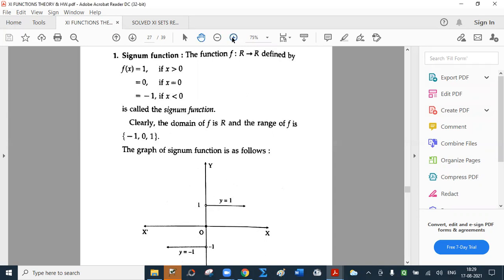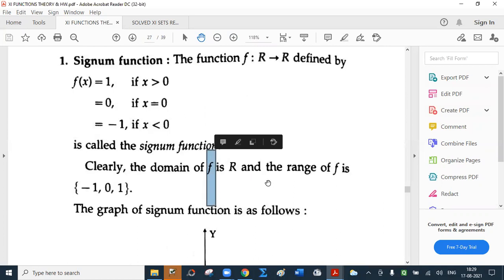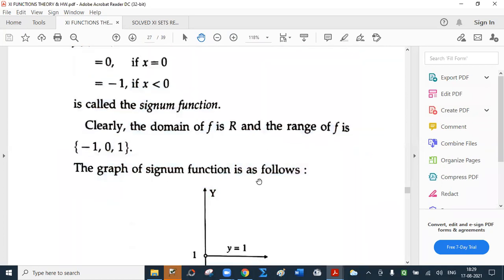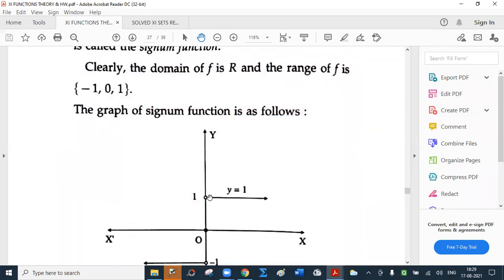If you can see, this is a hollow circle. Why? Because when x is 0, what is y? 0. So can you see a dark circle here? But for all positive values, say 0.1, when x is 0.1, what is y? 1. When x is 1, what is y? 1. And y equal to 1 is a line which is parallel to the x-axis.